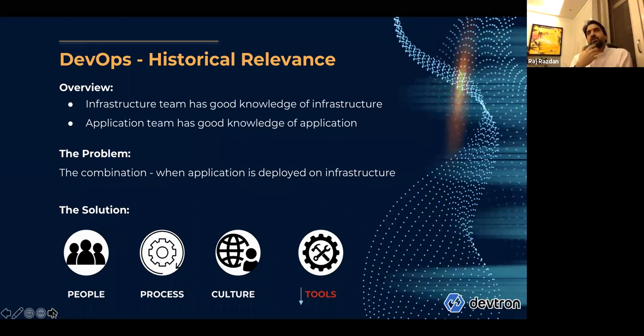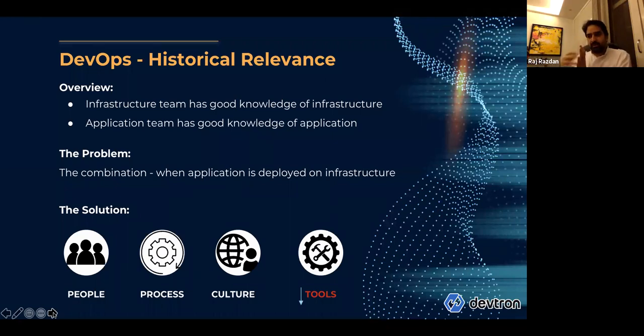The problem started to emerge when the application was deployed on the infrastructure, because there were two diverse sets of people. There was hardly any sort of process in between. This whole chain was fairly broken when the application starts to be ported on the infrastructure side of things.